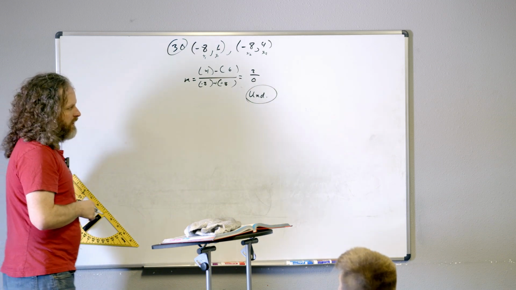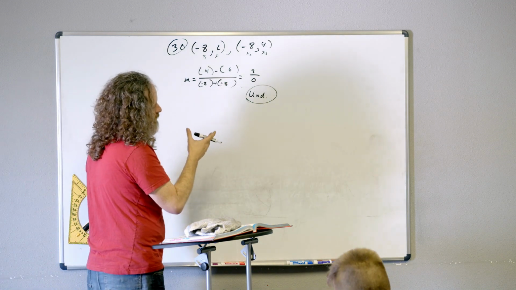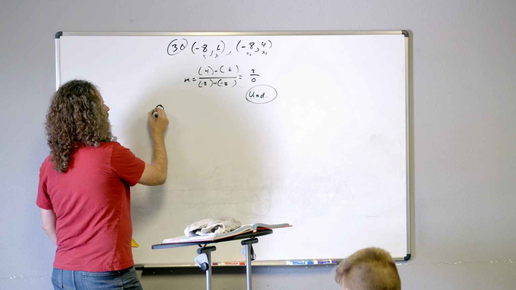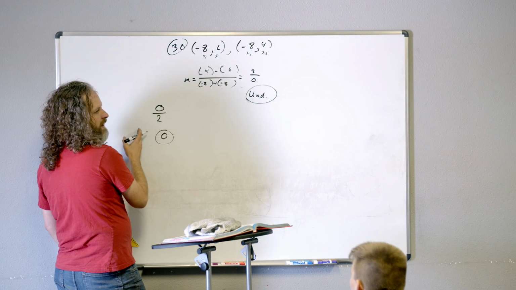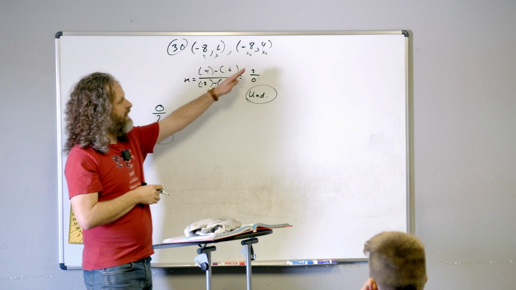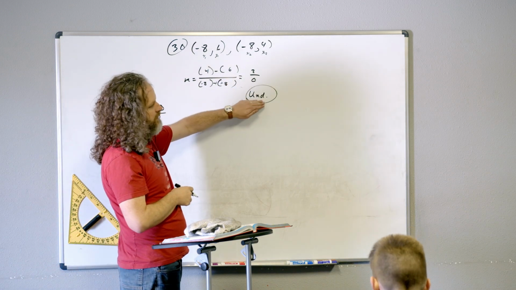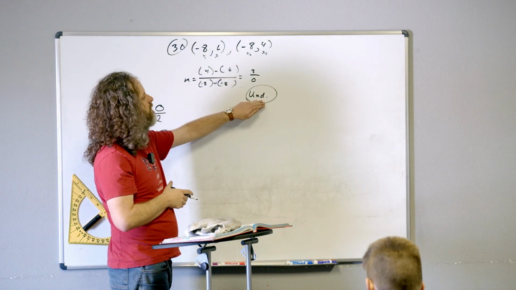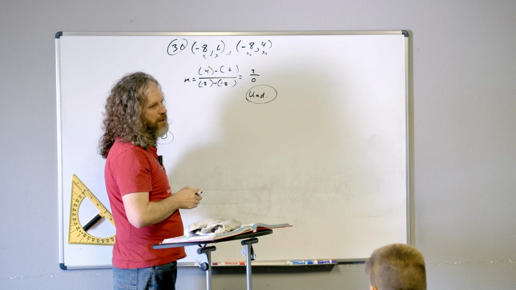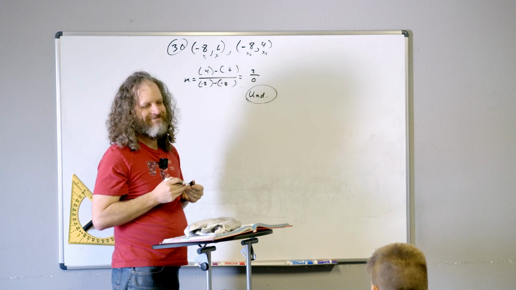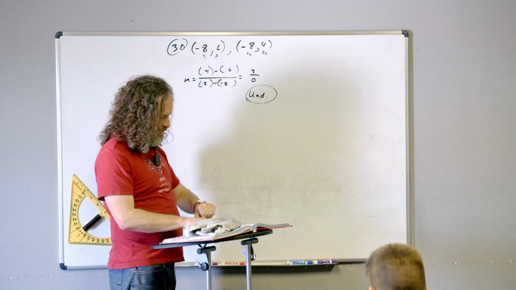It's worth noting, so you don't confuse yourself later, that if we had gotten this, then it would have been this. Because 0 divided by 2 is 0, but anything divided by 0 is undefined in most contexts, other than when we're talking about limits, and then it's probably infinity. Any other questions, kids?